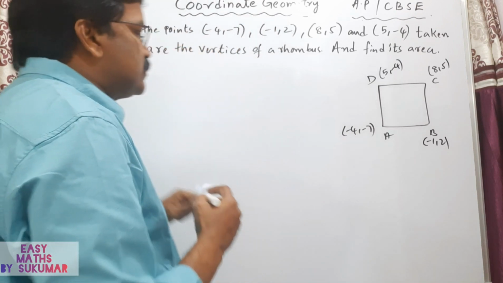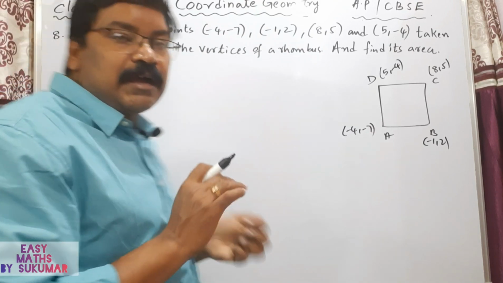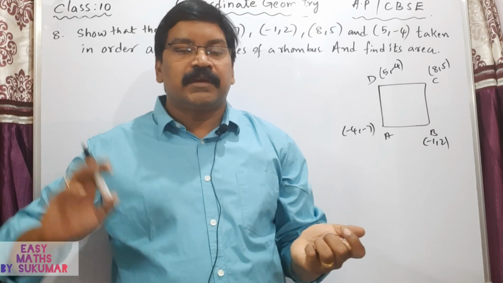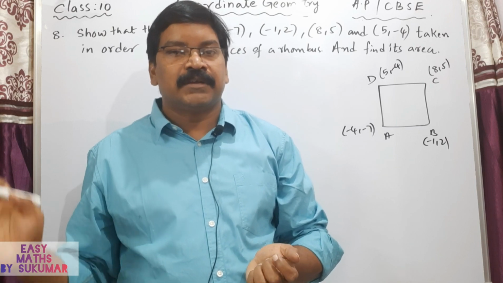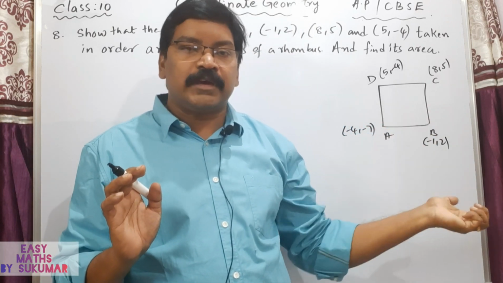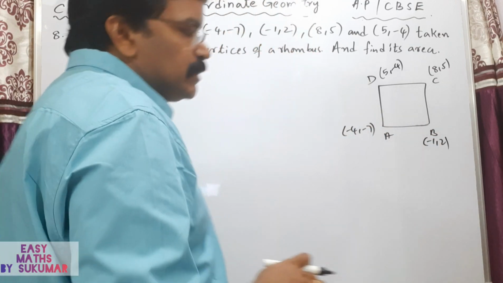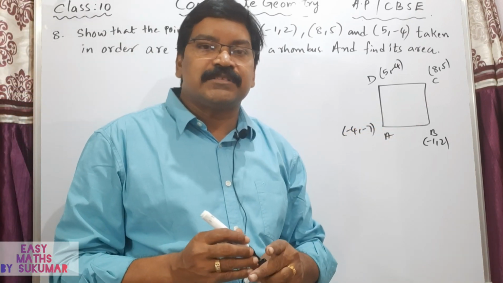See, my dear students, how do you prove that the ABCD is a rhombus? I already explained about the difference between rhombus and a square. In a rhombus, the diagonals bisect each other at right angles. Here the diagonals are not equal, but coming to a square, the diagonals are equal. That means AC and BD are equal.